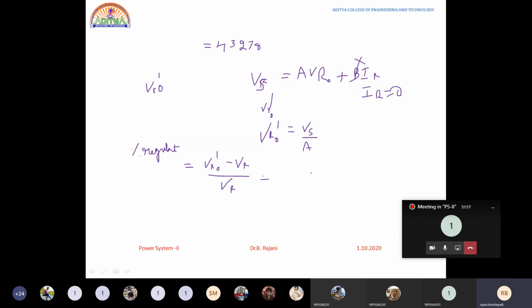What is the value of this VR value? Whenever you do Vs by A, how much is this value? I will be keeping it here. All of you make a note of it. Very, very important. 87.95 by A value, which is 0.9855.